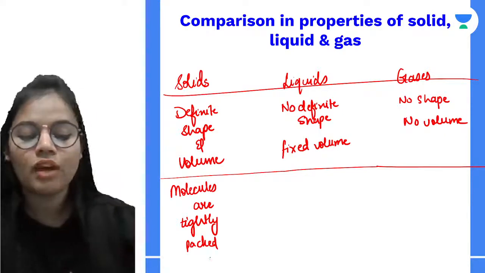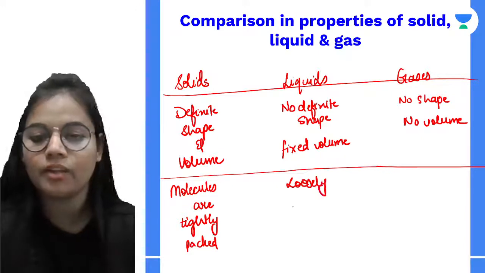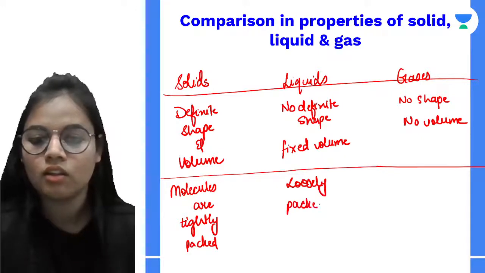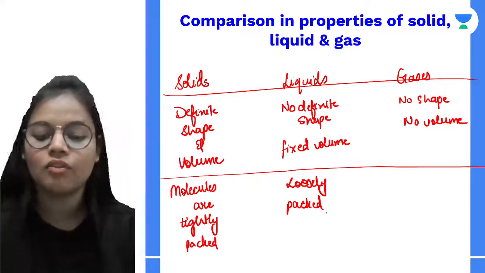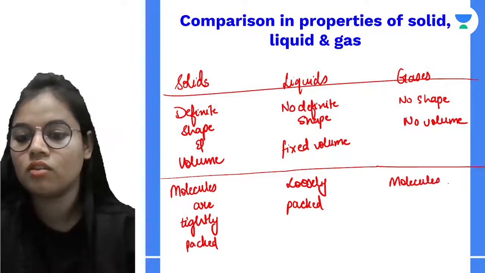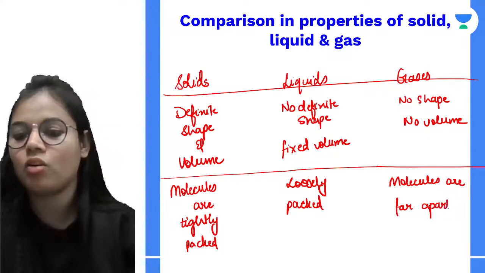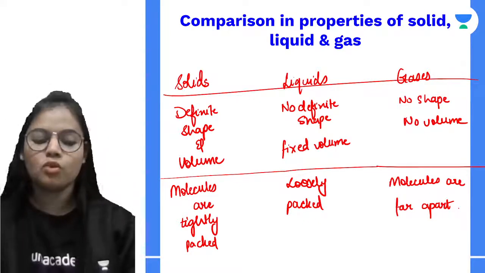Then if I talk about liquids, the molecules are a bit loosely packed. And in the case of gases, the molecules are far apart from each other. That is why they are always in random motion.